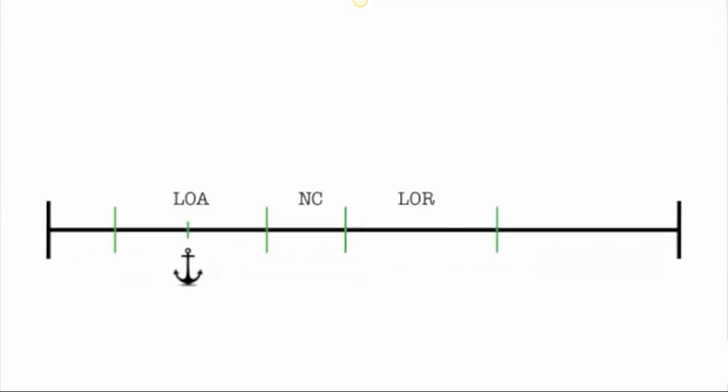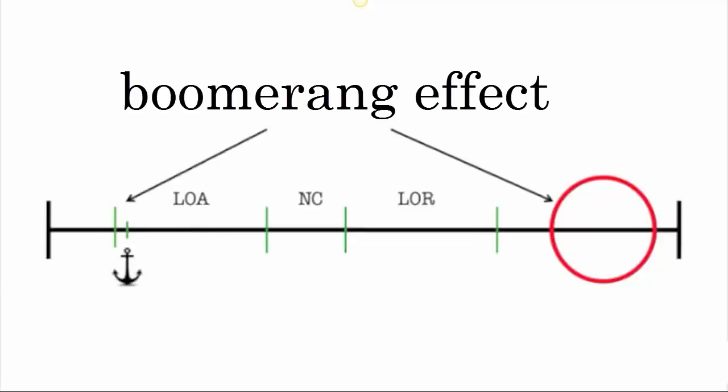So here's the secret to all of this. To persuade people, send a message that falls on the edge of their acceptance zone. Hit them in the latitude of non-commitment. If you get a little too crazy and send a message that falls deep in the receiver's rejection zone, it will have a reverse effect and push them further away from what you want them to do or believe. This is called the boomerang effect.